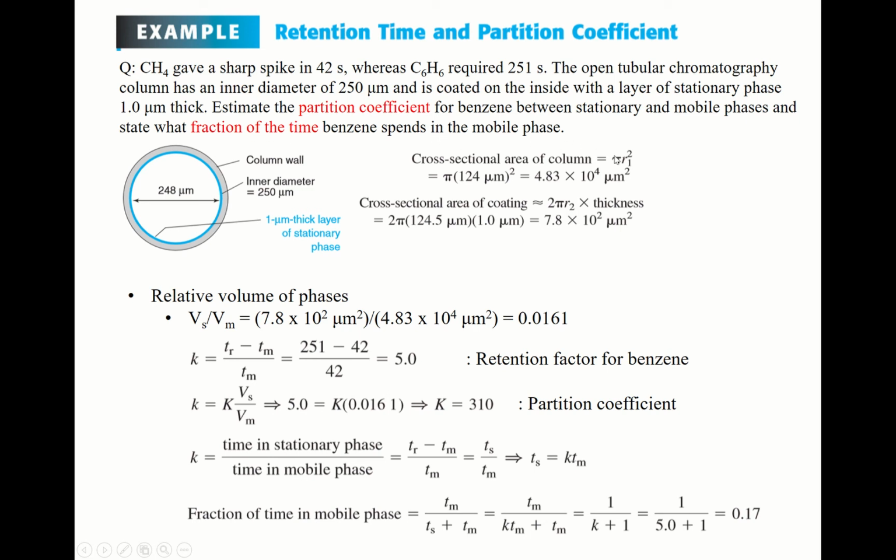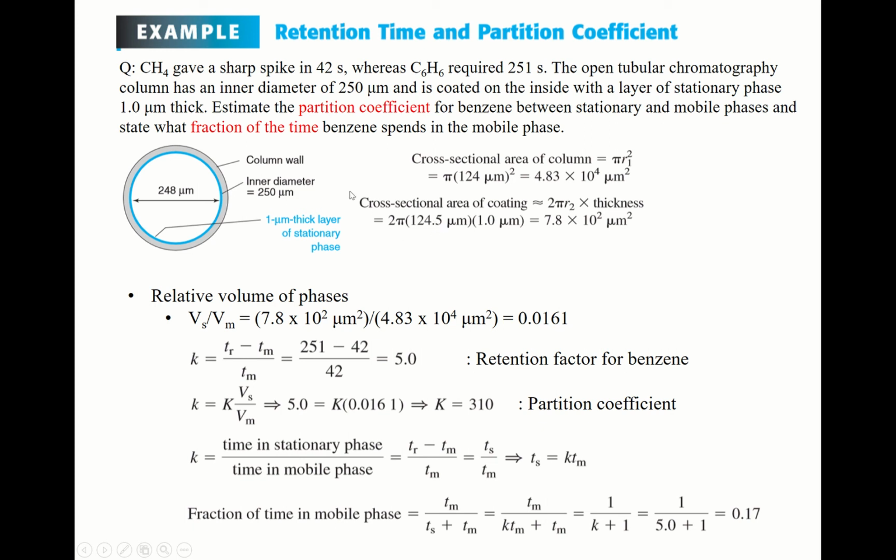Wow, the question looks quite difficult. But let's consider it one by one. This is a usual case. This is a capillary column. A capillary column is made of silica or other materials, and its length is quite long, sometimes more than 100 meters.